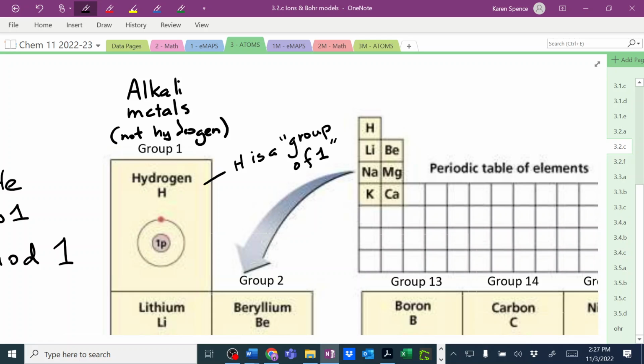Do you remember group 2's name? Alkaline earth metals. That's group 2. So we have alkali, and then we have alkaline.